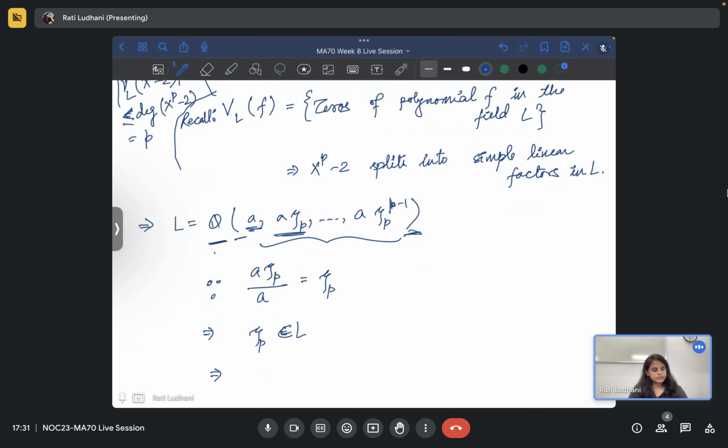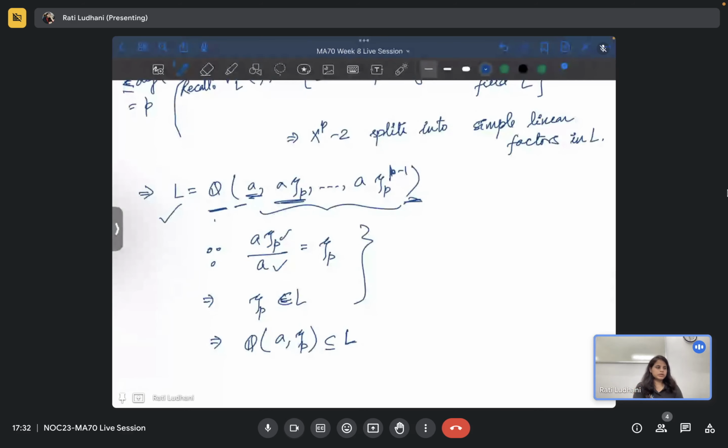So we can write that Q(A, zeta p) is contained in L, because these are just fewer elements, just A and zeta p. Zeta p we have seen can be obtained by these two elements. So with the definition of L like this, we should have Q(A, zeta p) in L.